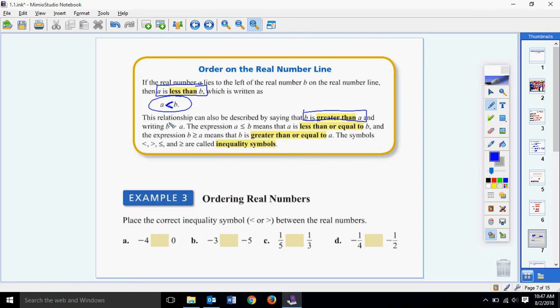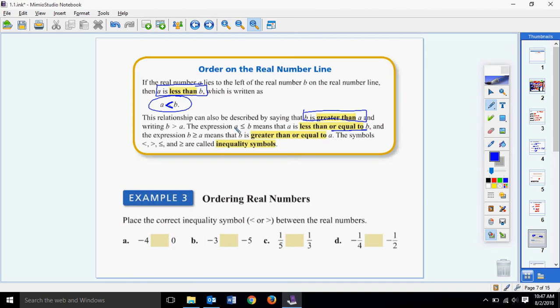Then they try to get complicated on you in elementary school, and they put this line underneath the inequality symbol. What does that mean? Well, this line underneath means that it could be equal to.